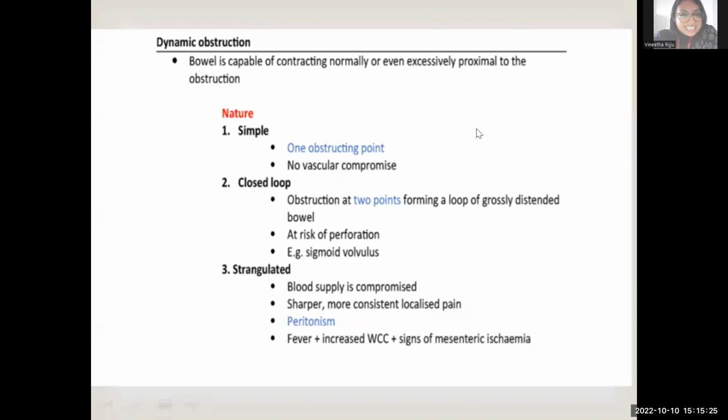I don't see any answers in the chat box. Yes, what else can be the reason which is causing an intestine obstruction? Yes, Mr. Sumit says it could be a localized infection. The infection which is probably something like... Like what?